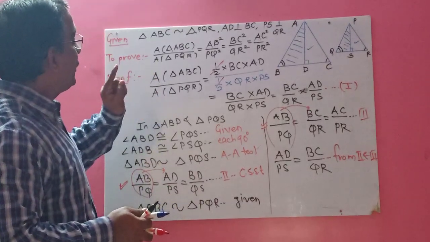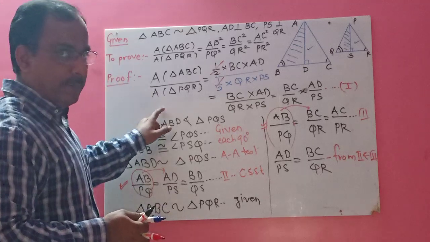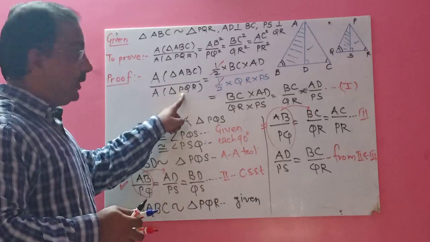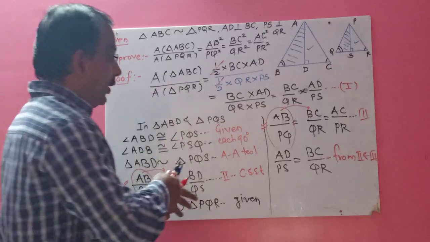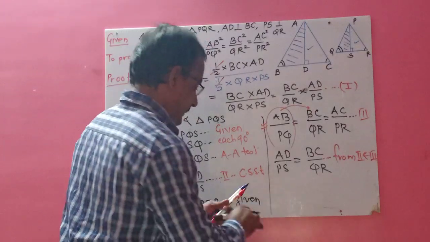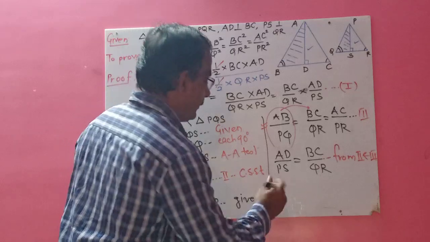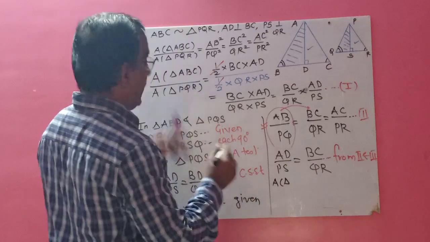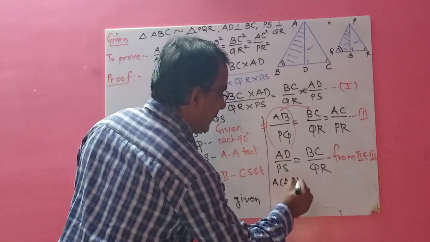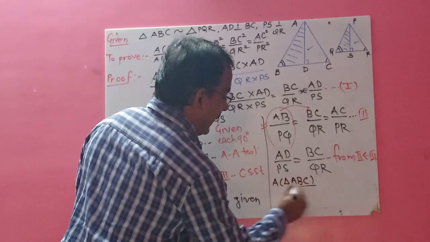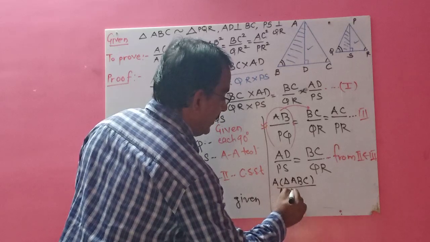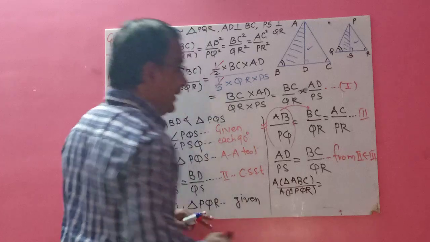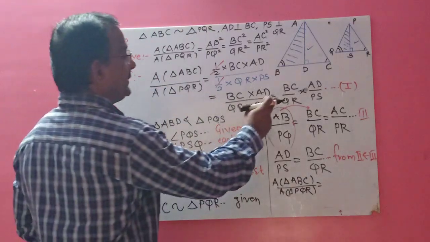And then you write down your main part. Your main part is which one? That is point number 1. Area of triangle ABC upon area of triangle PQR is equal to, what is that?